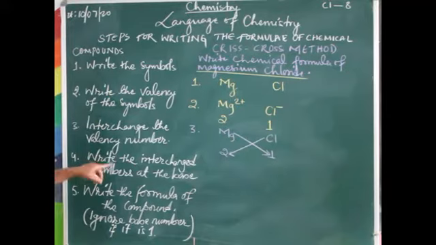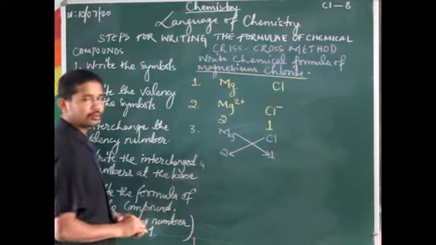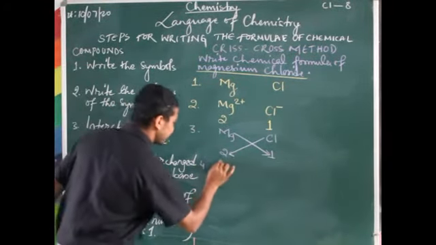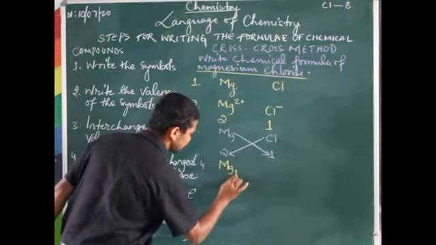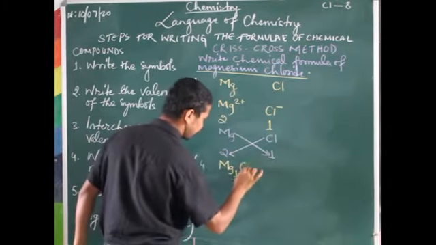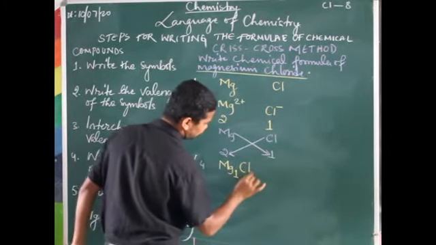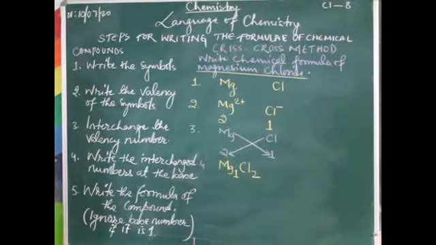Okay. So write the interchanged numbers at the base. Now step number 4, what will you be doing? Write this interchanged number at the base. So magnesium 1 and chlorine 2. So this becomes like this in step number 4.